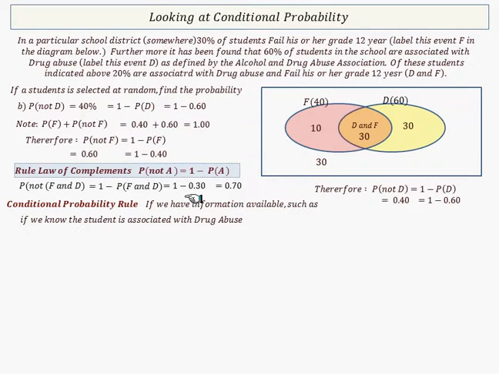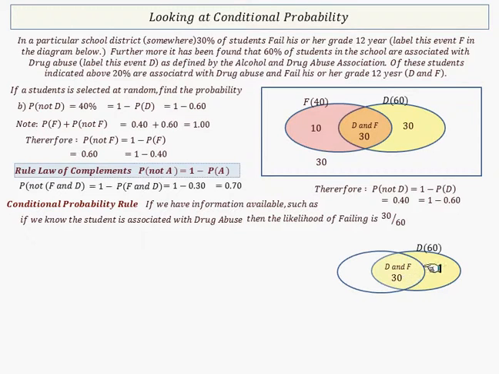Now the conditional probability rule says if we have some information available, for example, if we know the student is associated with drug abuse, we know that student is one of these 60 people here, and the probability of F given D is 30 out of 60. So that's 50%.